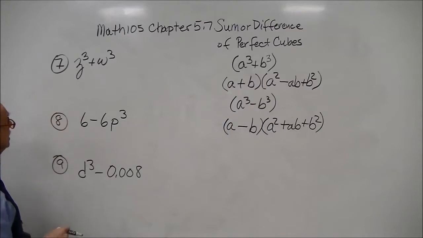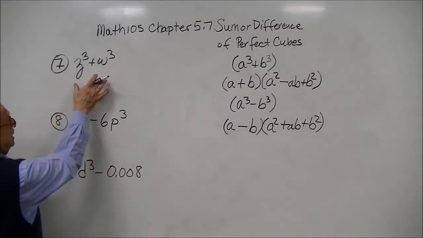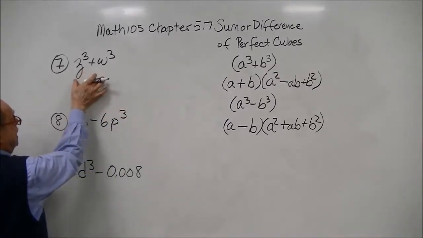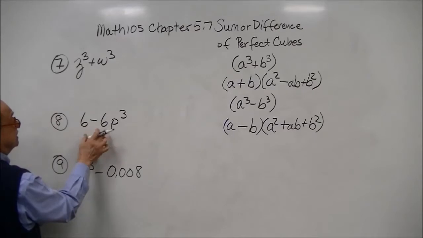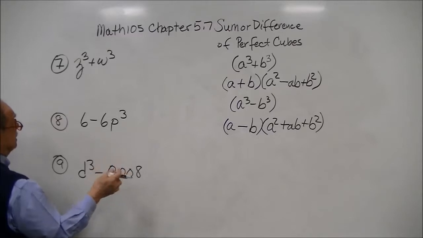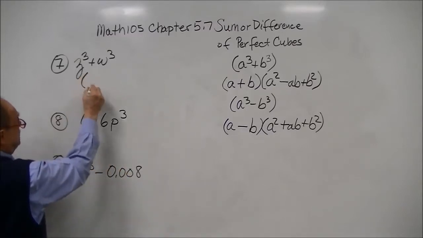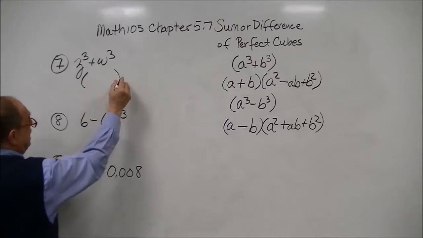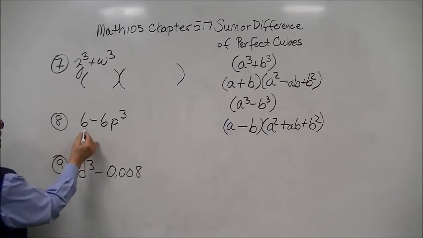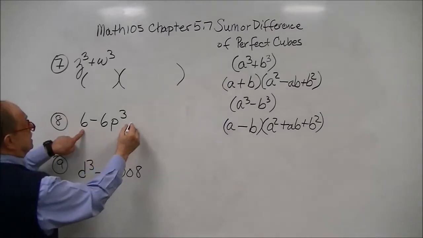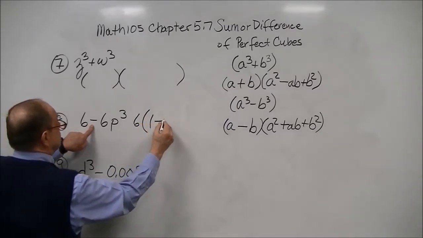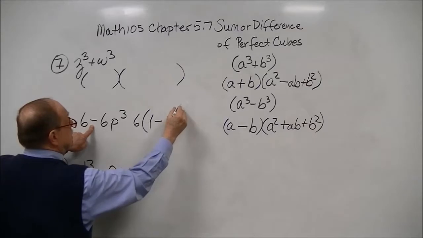Okay, some more examples. Again, we want to set up the recipe for the sum of perfect cubes. The difference, here we're going to do some factoring first. And so a parenthesis for 2 terms, a parenthesis for 3 terms. Now here we have to factor out a 6 first. And we get 1 minus p to the 3rd.